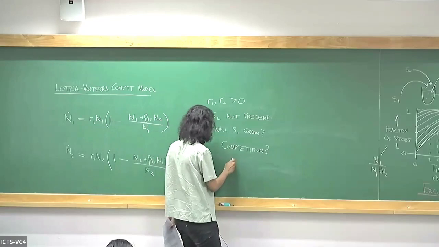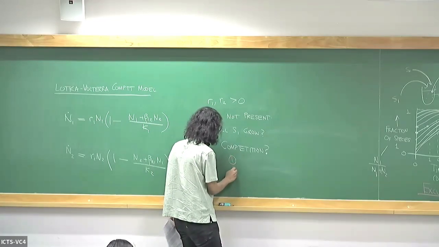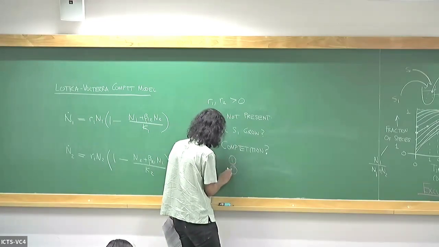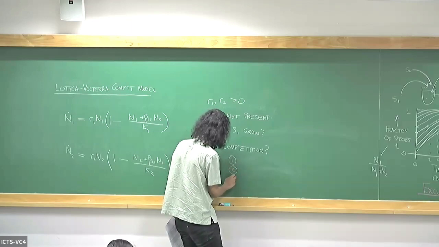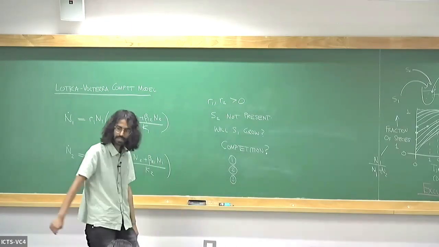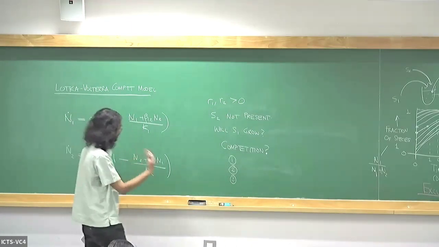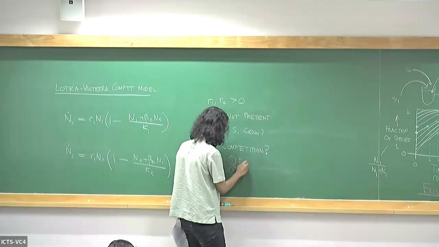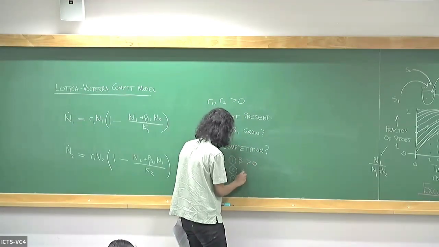So my question is the following, and we'll vote on this before we all talk with each other. What do I need to do to the betas? Do the betas need to be positive, negative, or anything?